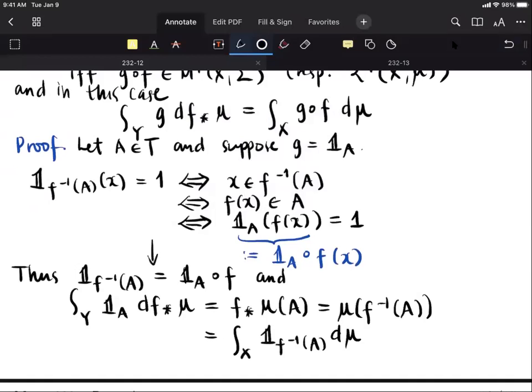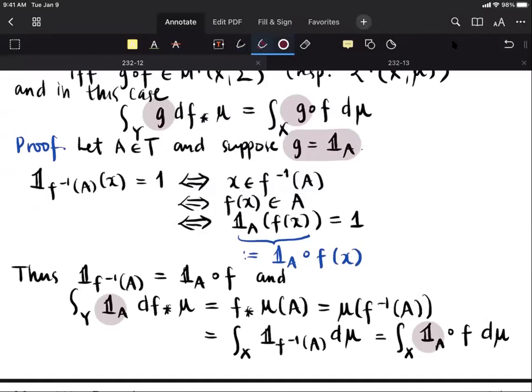And applying this equation, this is the same as the integral of the composition of the characteristic function and f. So therefore, we have verified this equation in the case where g is the characteristic function.